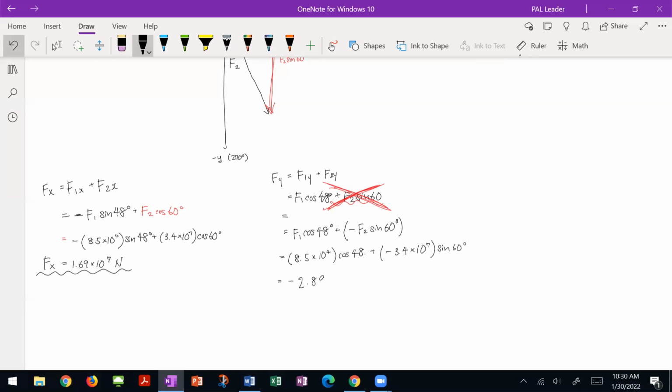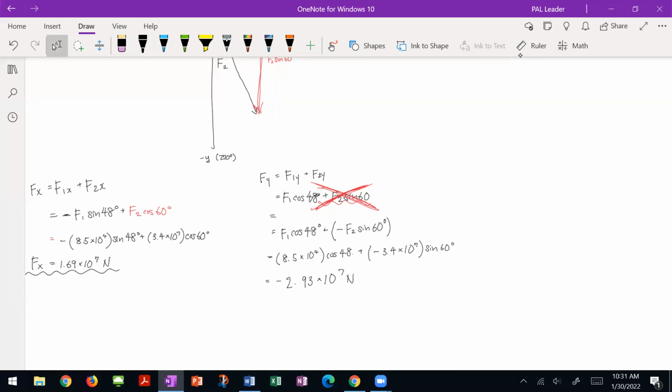Oh, no, that's not correct either. Negative 2.93 times 10 to the power of 7. So that is our Fy.